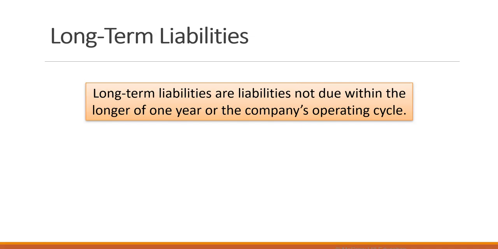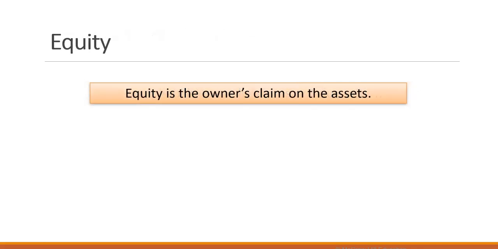An example of a long-term liability would be if we have a mortgage on our building, or we have a notes payable where we have taken out a bank loan to pay for a piece of equipment. Those are generally longer than 1 year. They're long-term liabilities. And then last is our equity account. Equity is our common stock and our retained earnings.